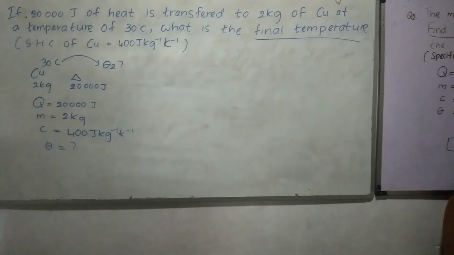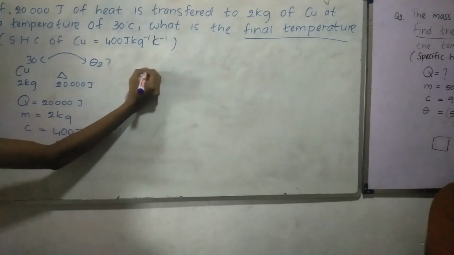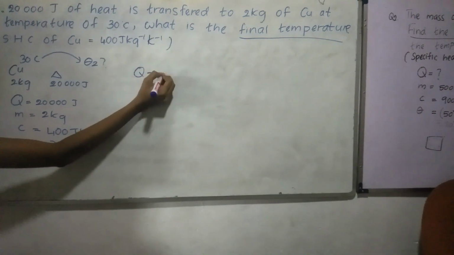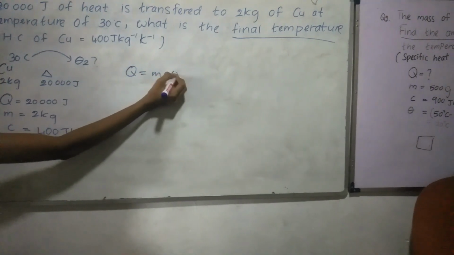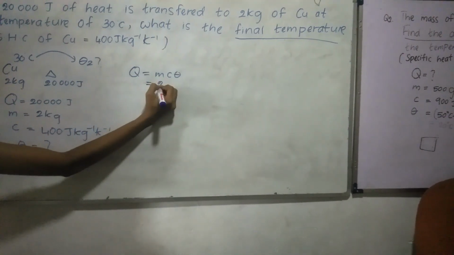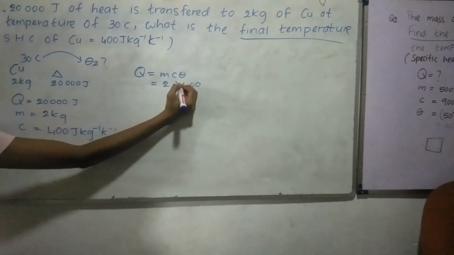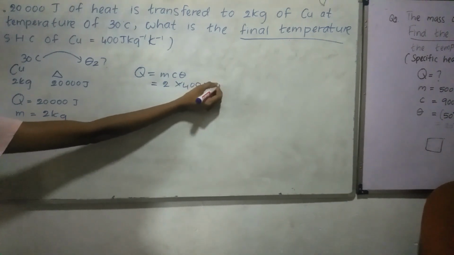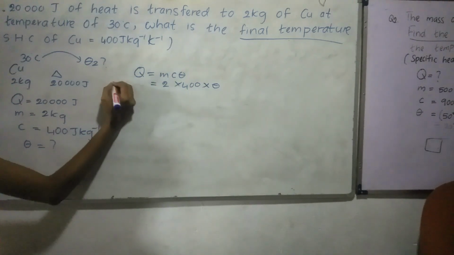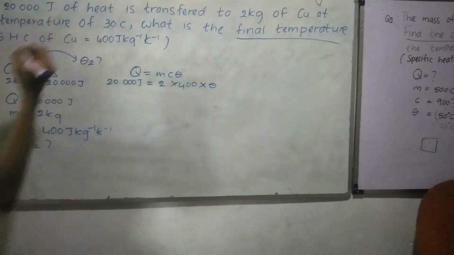We have to find this theta. Q equals mc theta. m is 2, c is 400, theta we don't know, and Q is 20,000 joules.